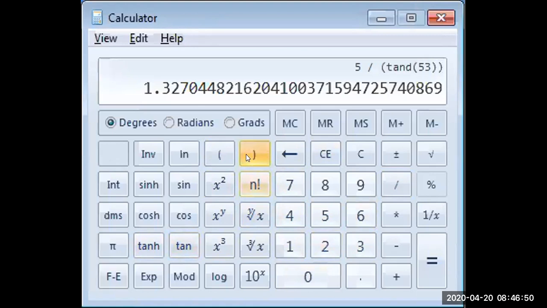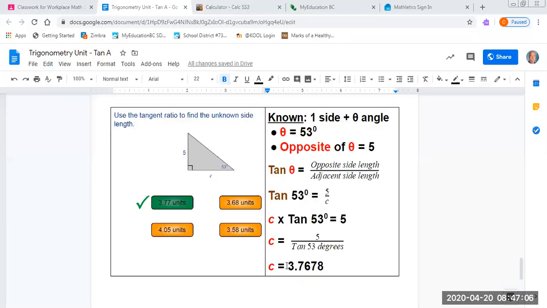And then I'm going to close the bracket and then hit the equal sign. And so what we end up with here is a value of 3.7677, or rounded, 3.77. And so if I were to come back into this screen, you can see that this is the value we get, and that would round to 3.77 units.